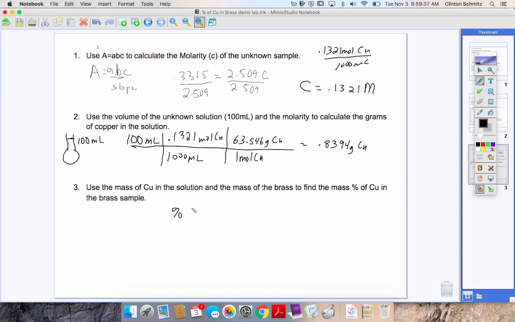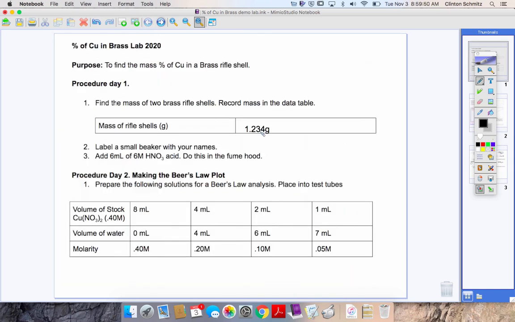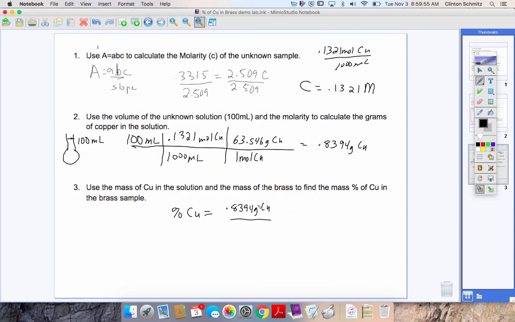So I'm going to calculate the percent mass of copper. To get the percent of copper, I'm going to take the grams of copper, 0.8394 grams, and divide it by the mass of the rifle shells, which I had at the beginning of my lab, 1.234 grams of brass, because brass is a mixture of copper and zinc.